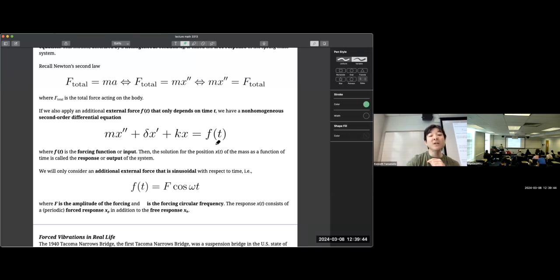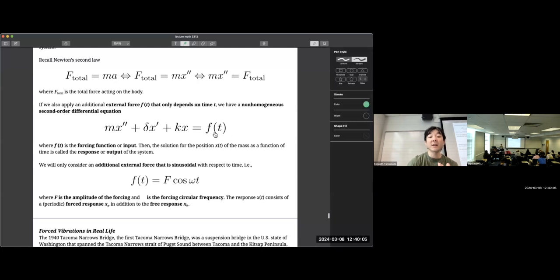Then your differential equation will look like this, because you'll have another forcing function that is time dependent that will stay on the right-hand side. This is called the external forcing function or input, which of course we've been saying the whole time in this class. And then you're going to have some kind of solution that has to account for this other external force.